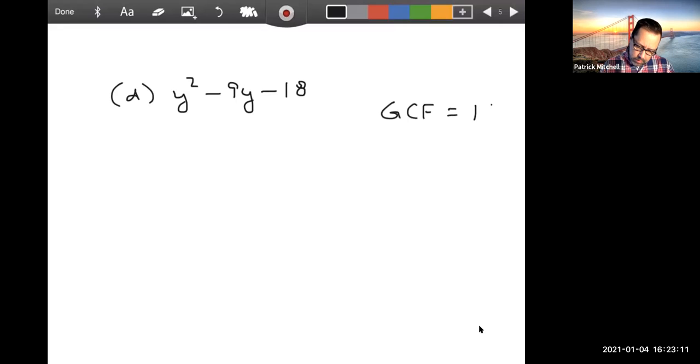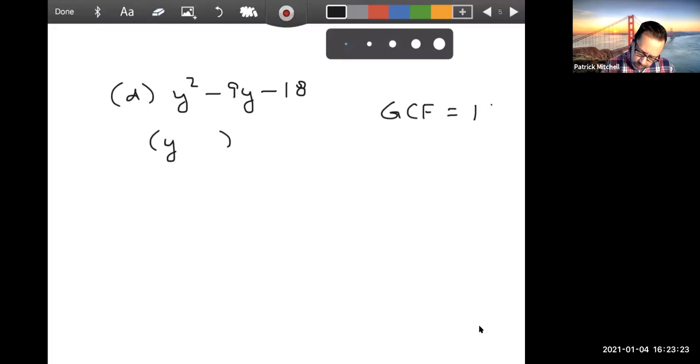Okay, so what are the mystery numbers? Oops, let me not put that minus there just yet. I think one of them would have to be minus, but okay.